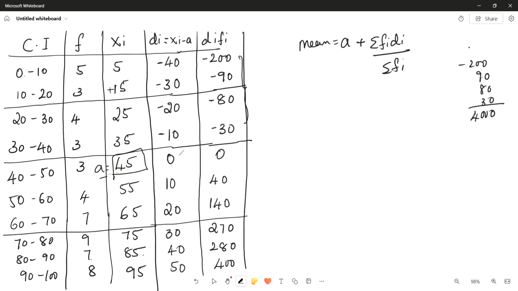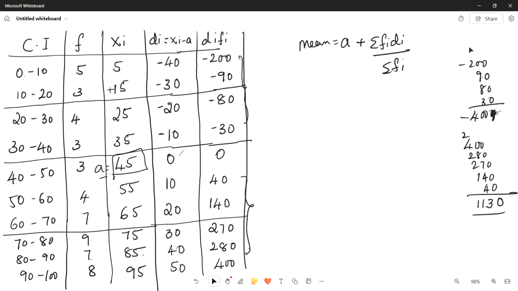Okay. So this is minus 400. If you add everything here, 400, 280, 270, 140, 40, you get 1130, right?